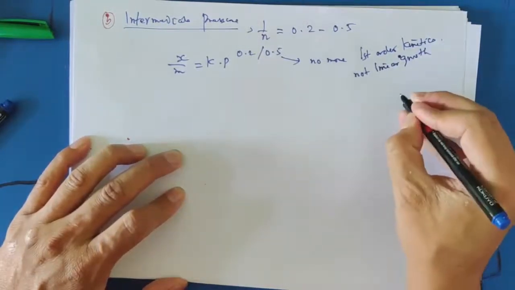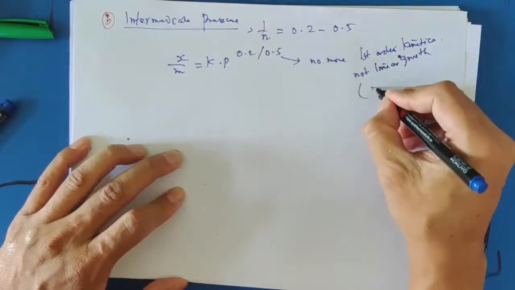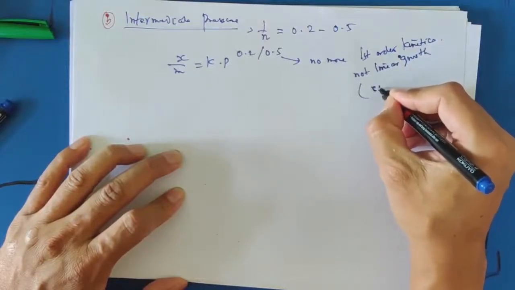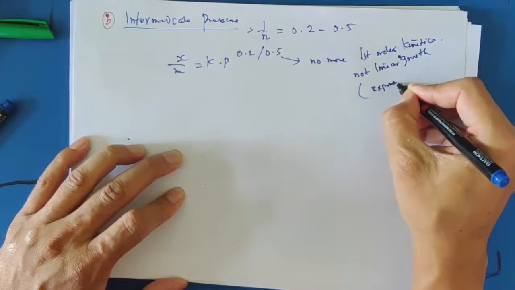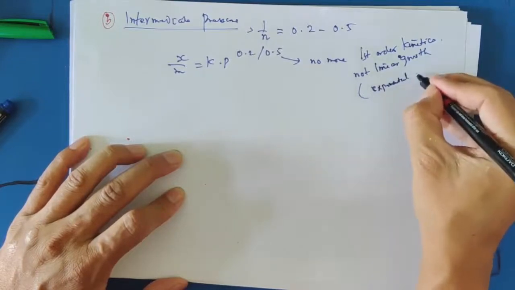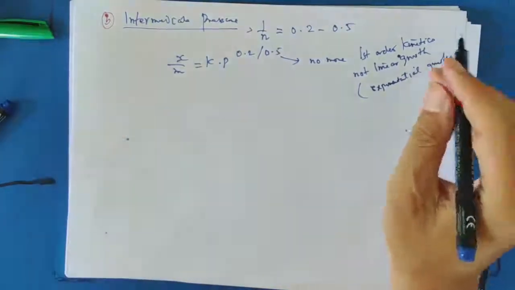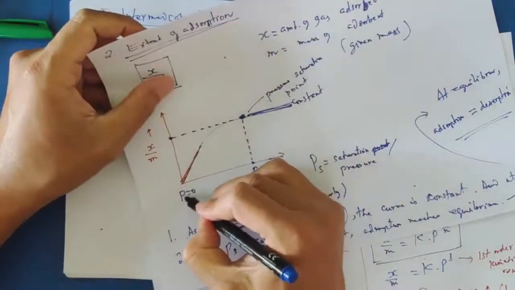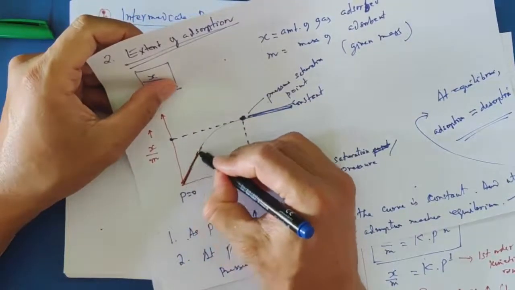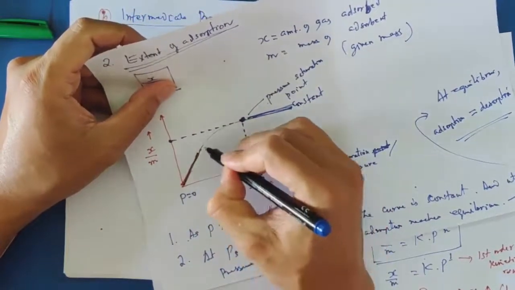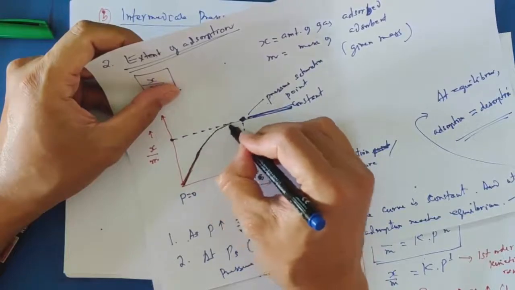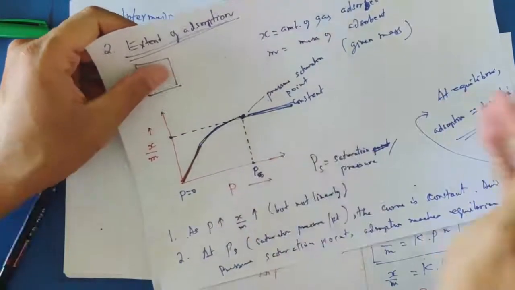It may be exponent growth. First, when pressure is very low, it was linear growth. When p is moderate, it is exponent growth, right? Exponent growth.